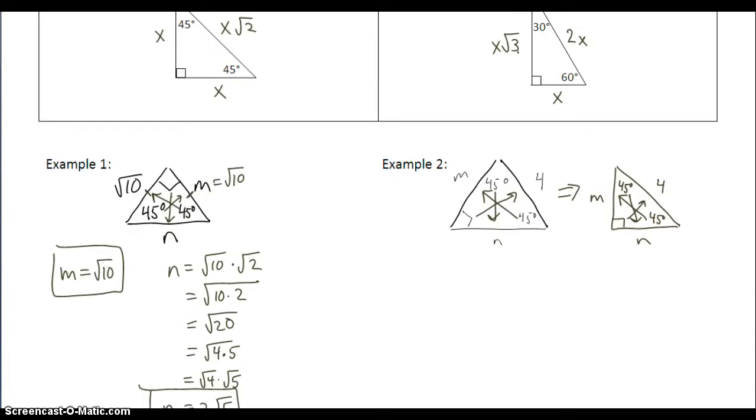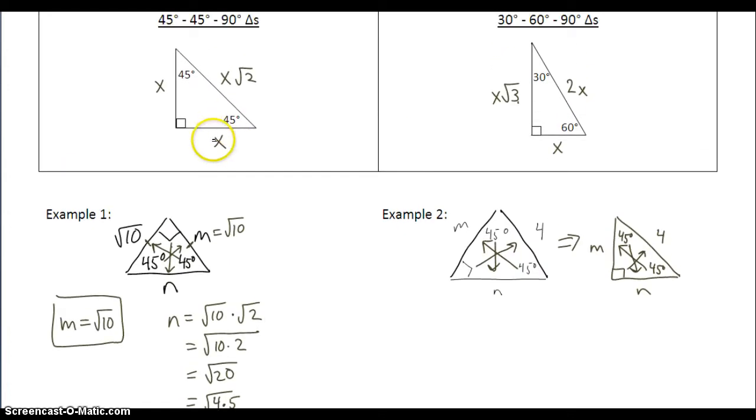If I knew the leg, to get to my hypotenuse, I would multiply by the square root of 2. So if I'm at my hypotenuse and I want to get to the leg, I'm going to do the opposite of multiplying by the square root of 2. I'm going to divide by the square root of 2. So if I want to figure out n in this problem, I'm going to take my hypotenuse and divide by the square root of 2. I'm undoing going from the leg to the hypotenuse. I'm going from the hypotenuse to the leg.